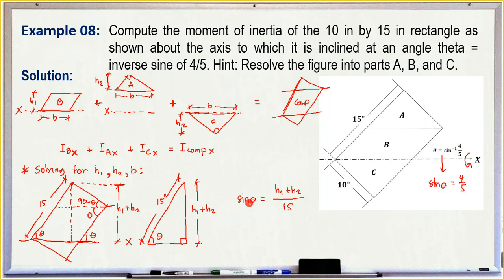So we have here 4/5 equals h1 plus h2 all over 15. Now, cross-multiply. So we have h1 plus h2 is equal to 4/5 times 15, and that is equal to 12. Okay, so we have now an equation, h1 plus h2 equals 12. So this is our first equation.